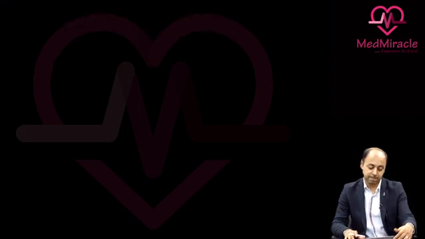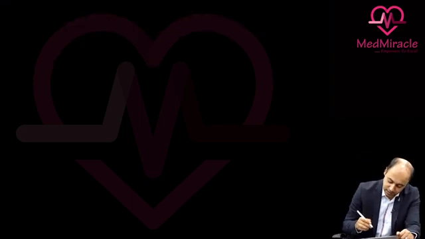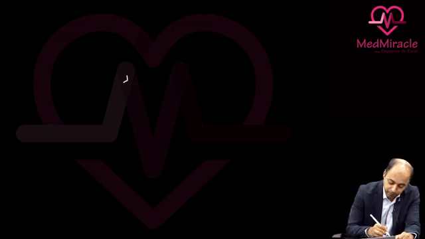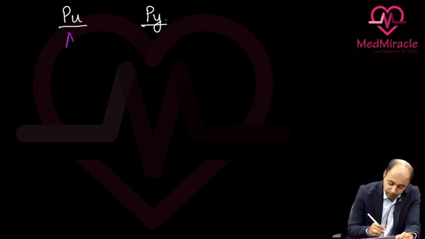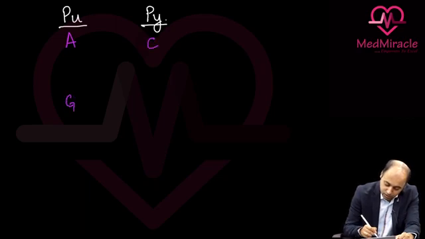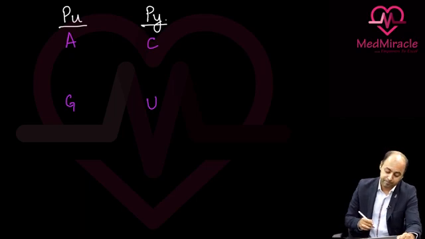If you look at the RNA, the different purines and pyrimidines would be adenine, guanine, cytosine and uracil. We are talking about RNA.